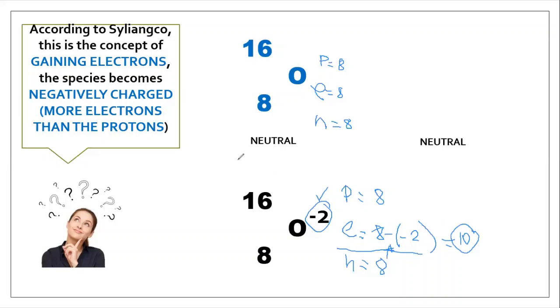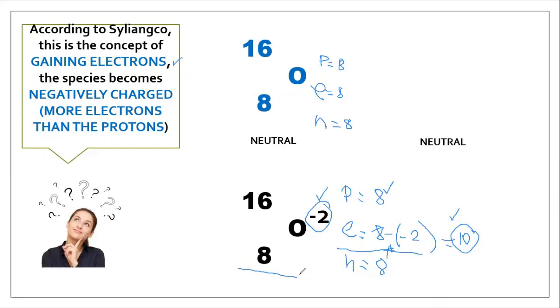Therefore, using this concept of gaining electrons, ibig sabihin, mas marami ang number ng electrons niya as compared sa proton. So therefore, you are making the oxygen negatively charged by 2 ions.